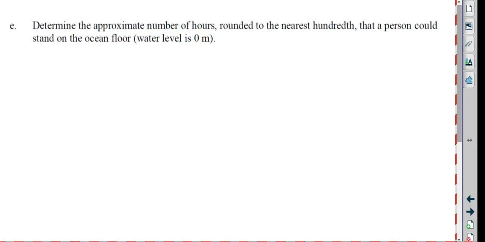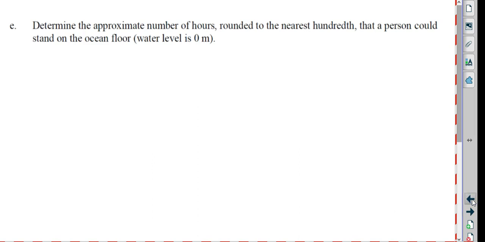Determine the approximate number of hours, rounded to the nearest hundredth, that a person could stand on the ocean floor. So if the water level is 0 meters. It says determine, right? So we actually have to show some work again. So y1 is the equation, y2 in this case will be 0. Your window can be the same.